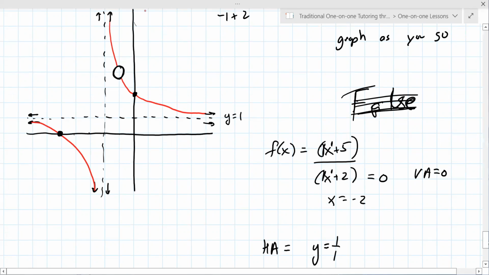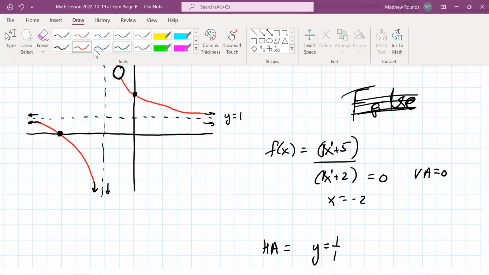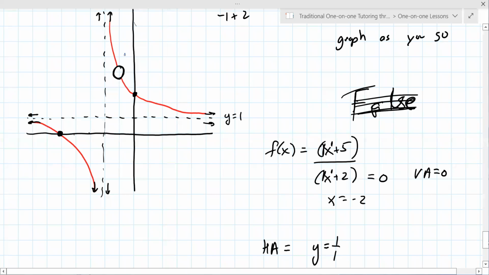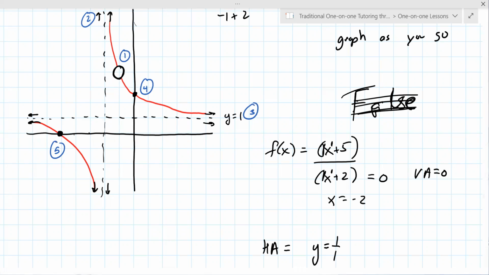To do this, you need the hole, the vertical asymptote, the horizontal asymptote, the y-intercept, and then the x-intercept. And then there's another list of things if this gets even more complicated than this.